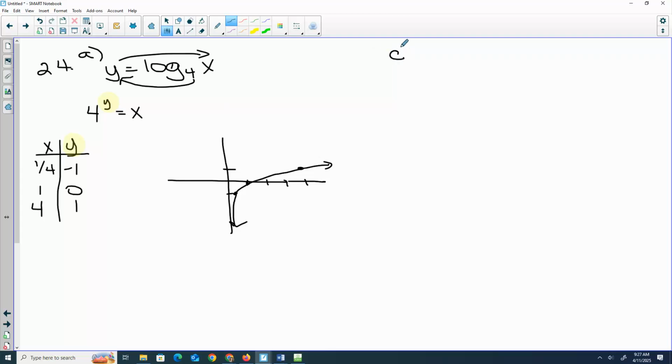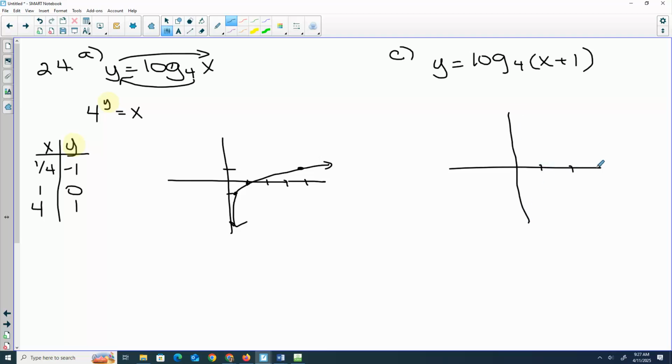I'm going to do these a little out of order. I want to do C next, because you notice this is still log base 4. So the one I just graphed is your parent function. Think about transformations.